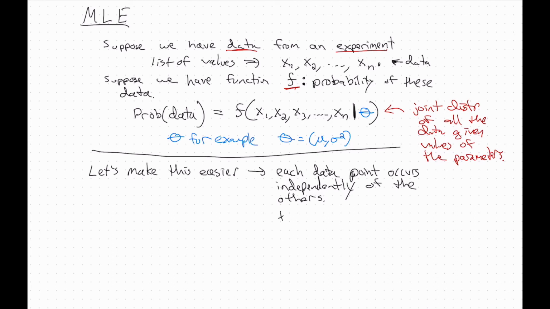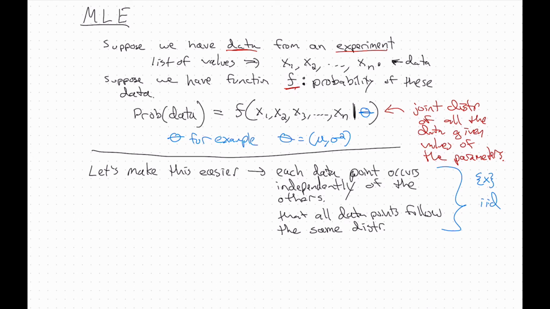Second, that all data points follow the same distribution. And when we put these two factors together, we're essentially assuming the data are IID. So the list of X's are IID.